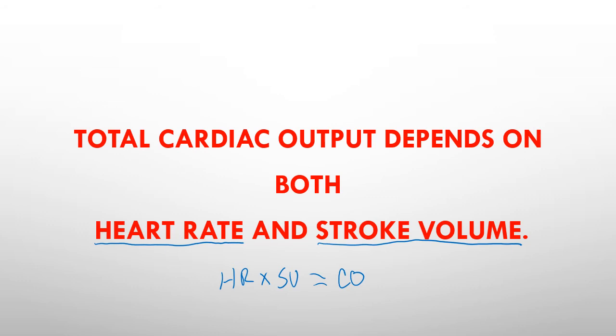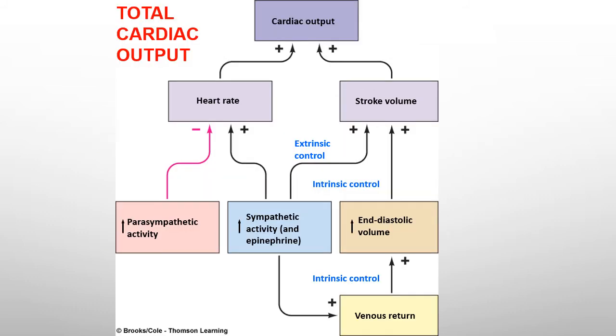And so we said that our normal was 75 beats per minute, 70 milliliters for our stroke volume, equals a cardiac output of 5.25, I can't write today, liters per minute. So we end up with a little over 5 liters per minute coming out as our overall cardiac output.